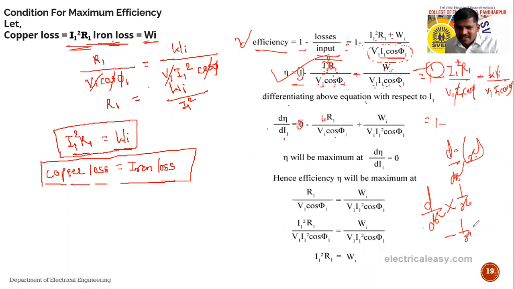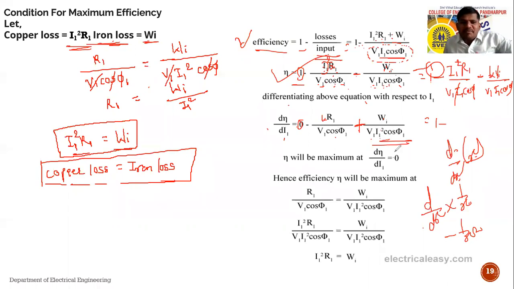Here it is minus 1 upon I1 square. Minus and minus becomes plus, so it is plus Wi divided by V1 I1 square cos of phi 1.